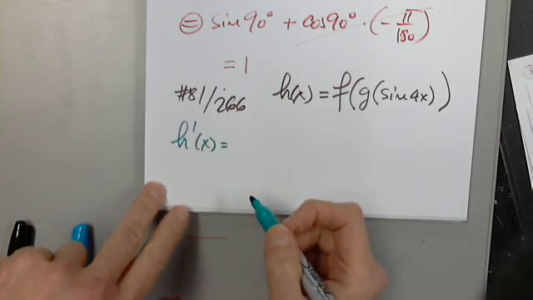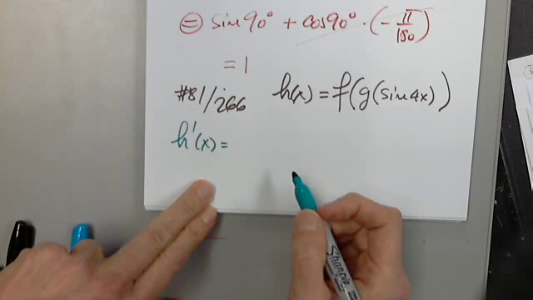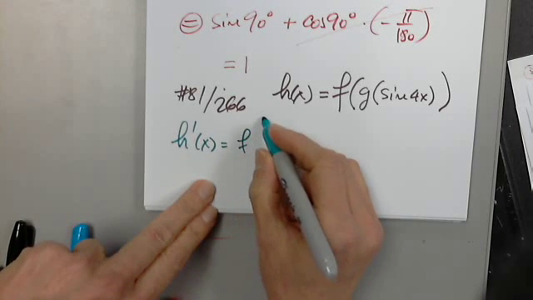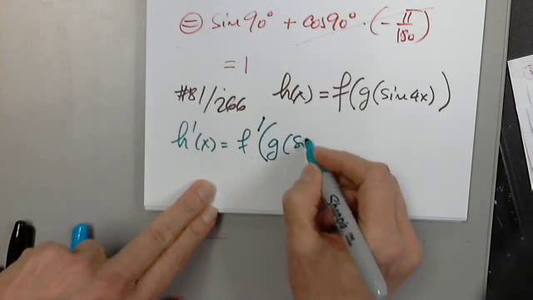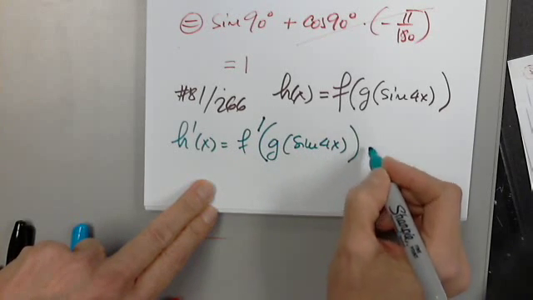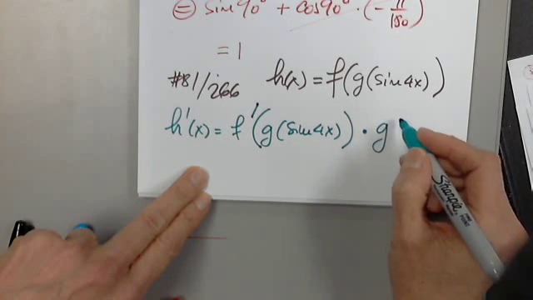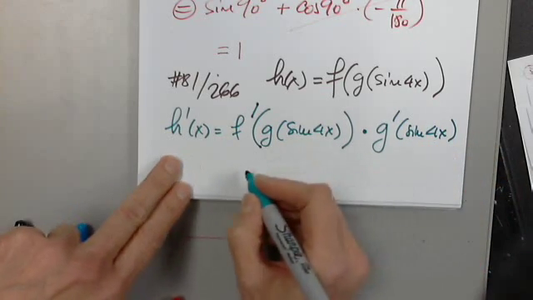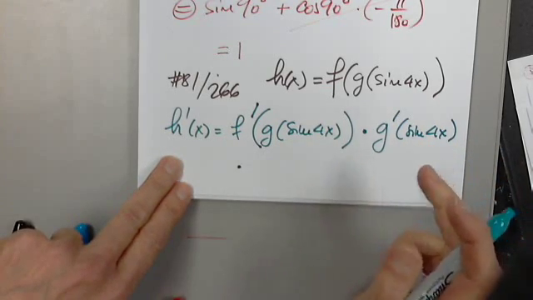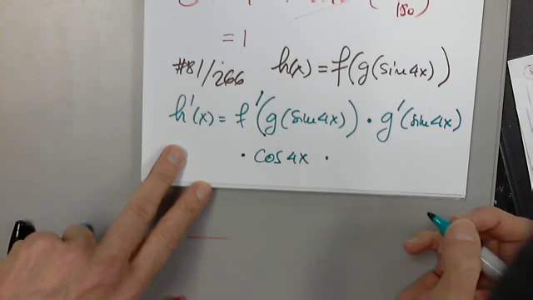Yes. So what do I write? So it's f prime of g of sine 4x. Perfect. Times g prime of sine 4x, times sine prime, which is cosine 4x times 4.